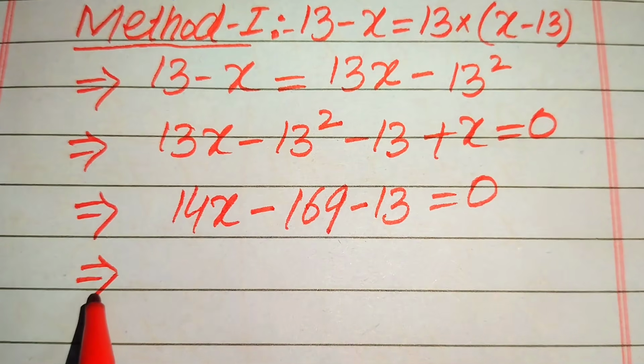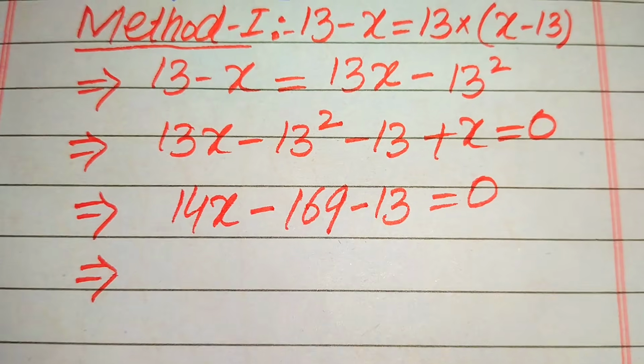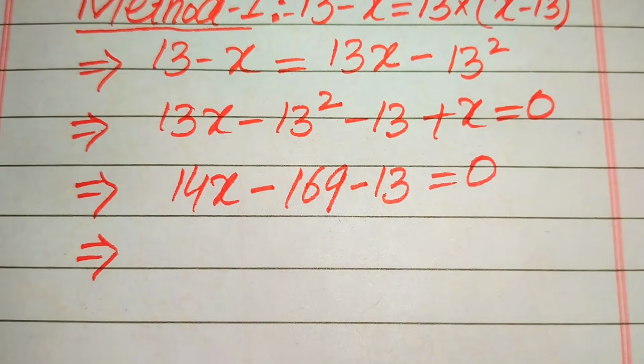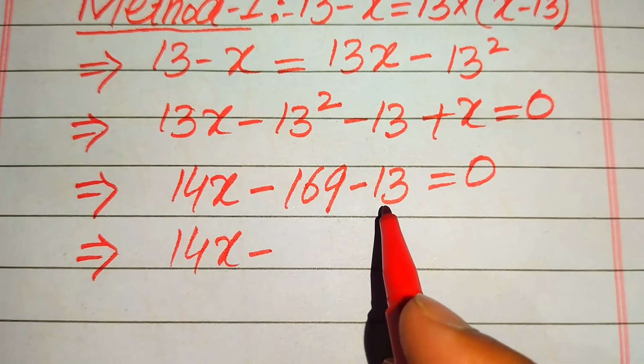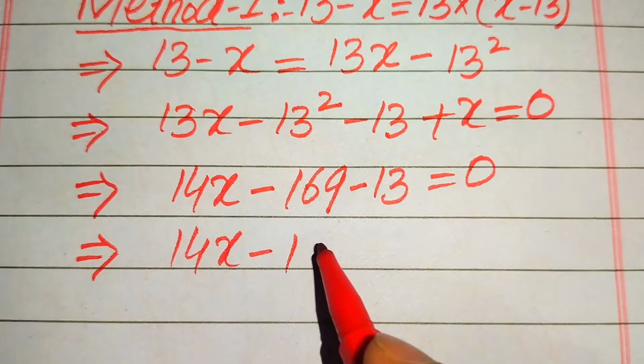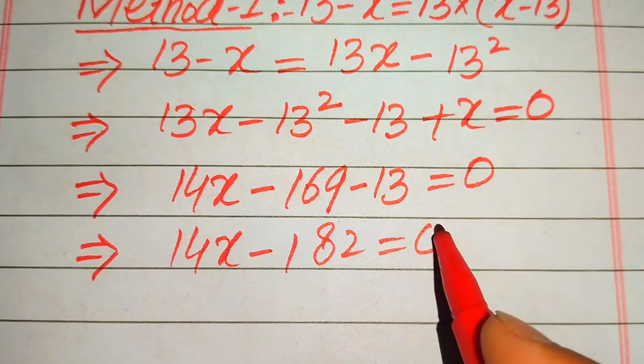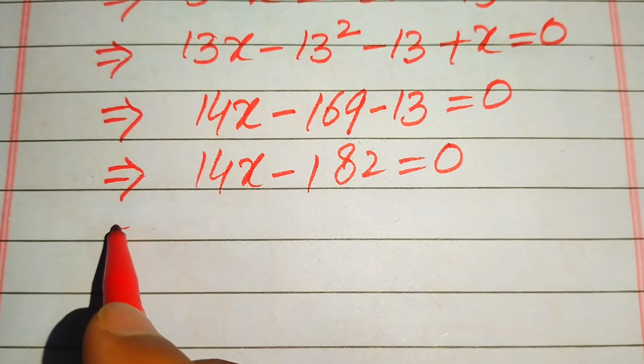So when we subtract 169 minus 13, we get 14x minus 182, and this whole equation is equal to 0.